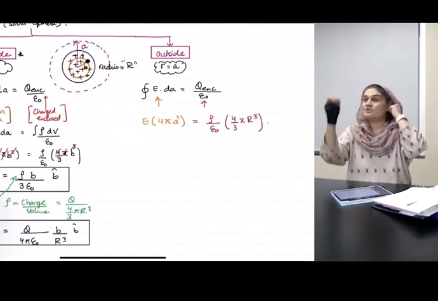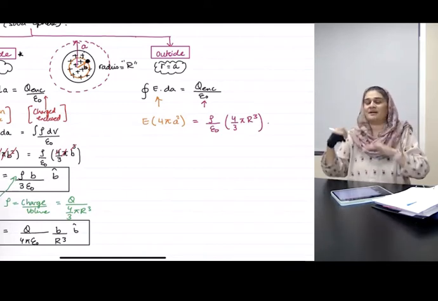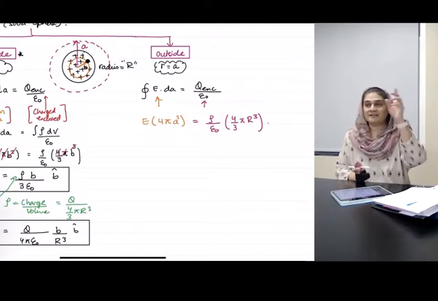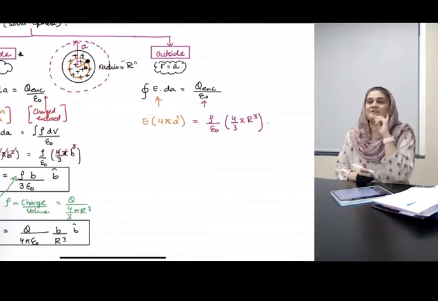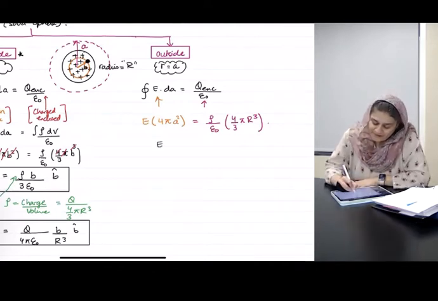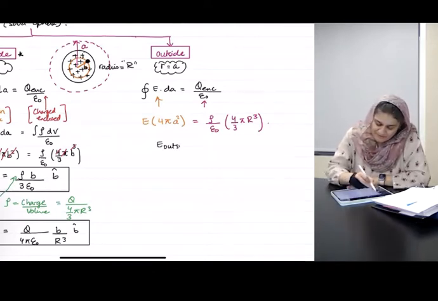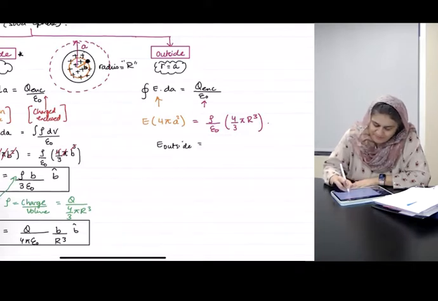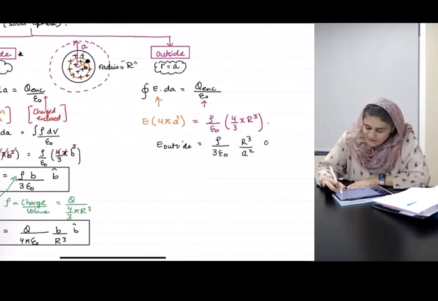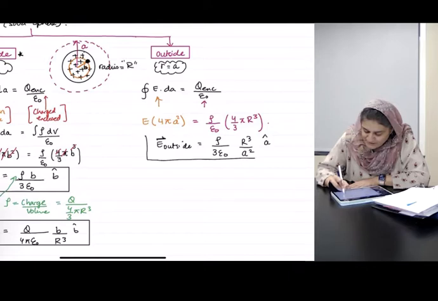Do we all understand it should be integrations and stuff, right? I'm just writing the answers. They're all integrations. You should do all of them every time. So E outside can be simplified to rho over 3 epsilon naught r cubed over A squared A hat, in order to make it into a vector.